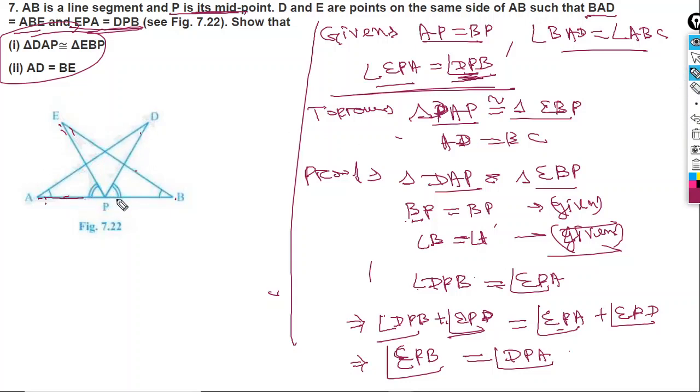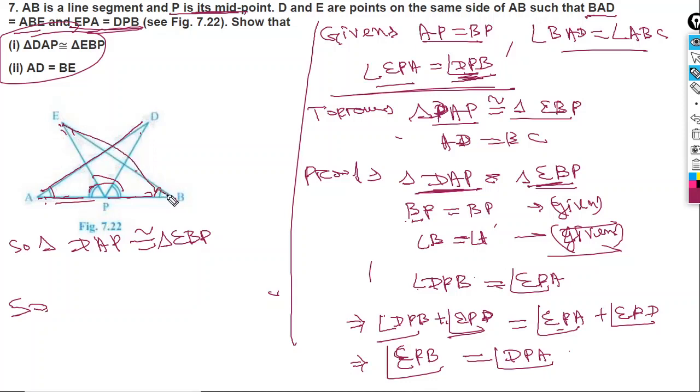Now you see, one side is equal. These two angles are equal. Another angle, angle A equals angle B also. Therefore, these two triangles will be congruent. So we write triangle DAP is congruent to triangle EBP. So their corresponding other parts will be equal. Now you can see AD and BE are the corresponding parts of the two triangles.